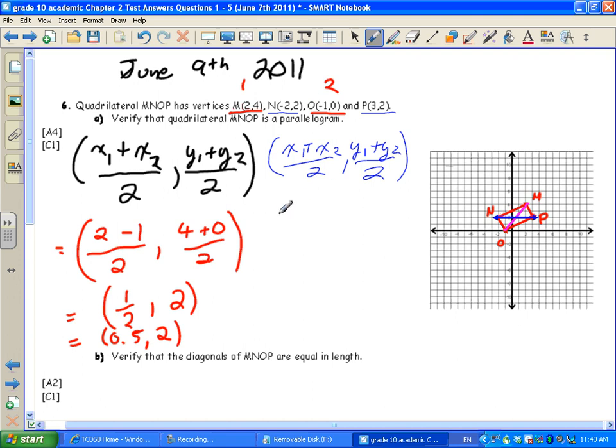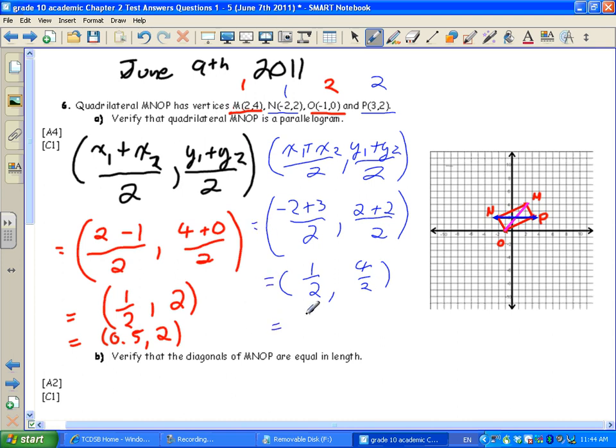So our x1 is our N, and we'll call P our 2. x1 is -2 plus 3 divided by 2. And y1 is 2, and y2 is 2 divided by 2. -2 plus 3, 1 over 2. 2 plus 2 is 4 over 2. And when we equate these, we get 1/2 or 0.5 and 2.